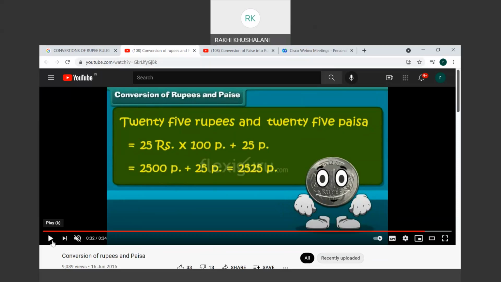If 1 rupee is equals to 100 paise, then 25 rupees will be 25 into 100. That will give me 2500, plus the 25 paisa is already with you, so you are going to add that. So I get 2525, or you can also read it as 2525 paisa. The choice is yours.